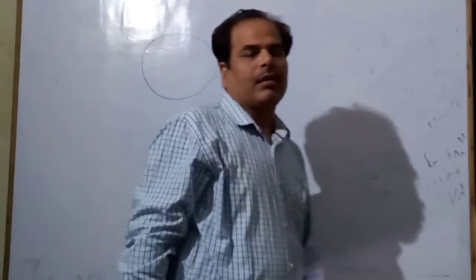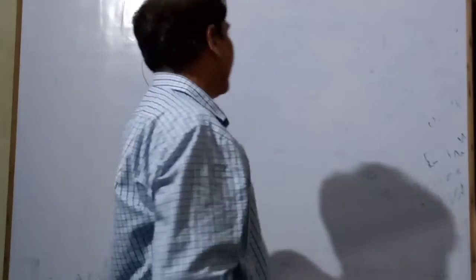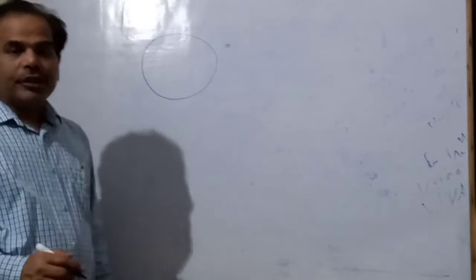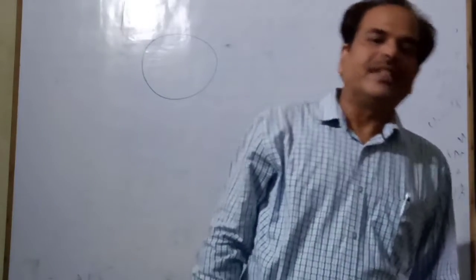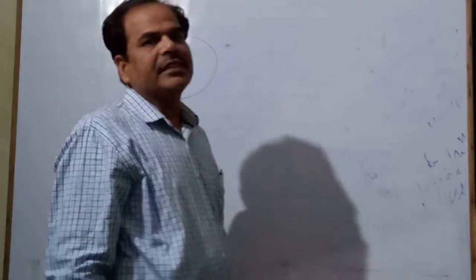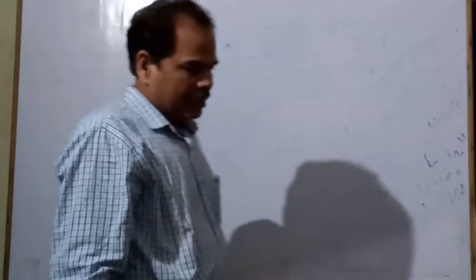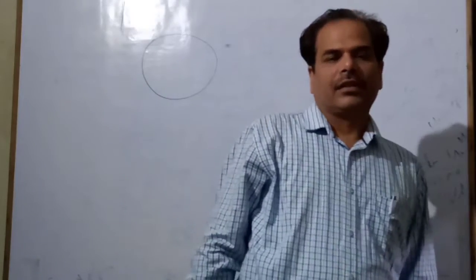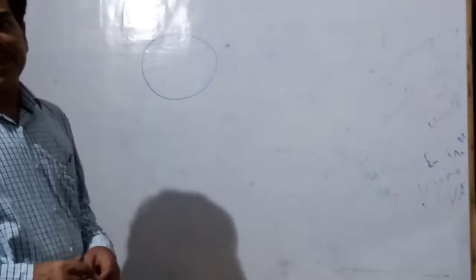a thin foil of gold was taken and it was surrounded by the fluorescent zinc sulfide material around the circular space.